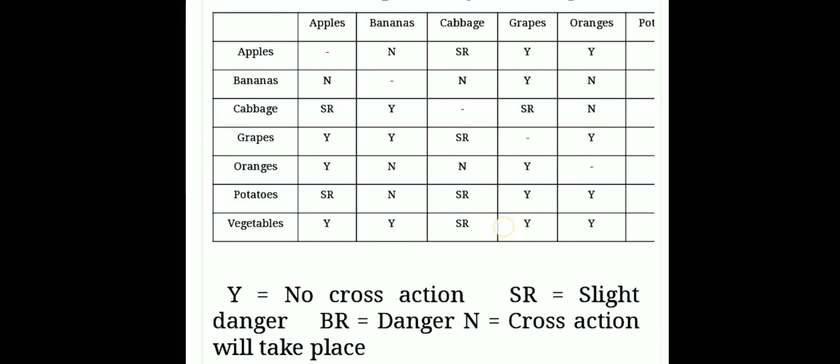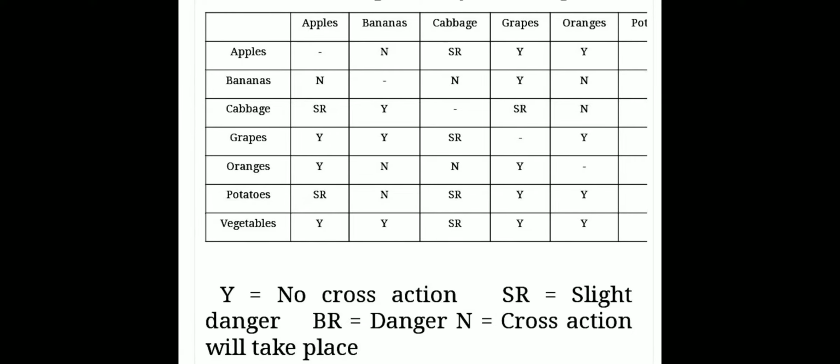So apple with grapes, apple with orange, apple with vegetables with low or no volatile content or smell, specific smell, can be kept with, but like cabbage which has high volatile content cannot be kept with apple. It can be seen like that.